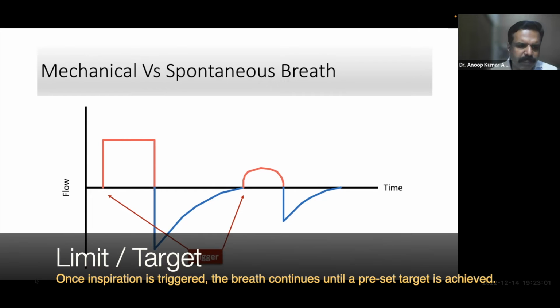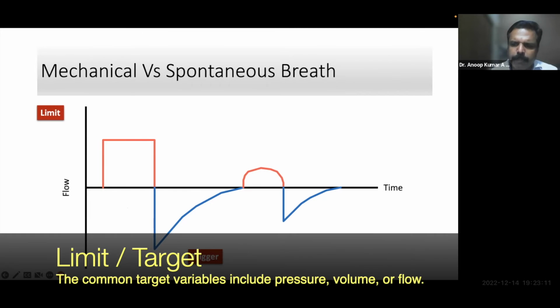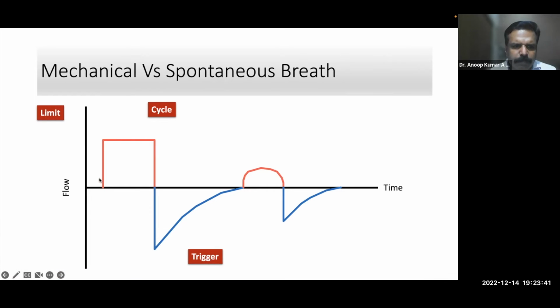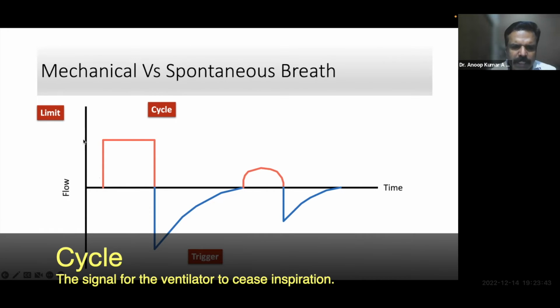After the trigger, we will have the limit. How much flow is there is actually limited at one point. That can be either pressure limited or volume limited, depending on whether it is a pressure control or a volume control. Then the inspiration is cycled to the expiratory part.